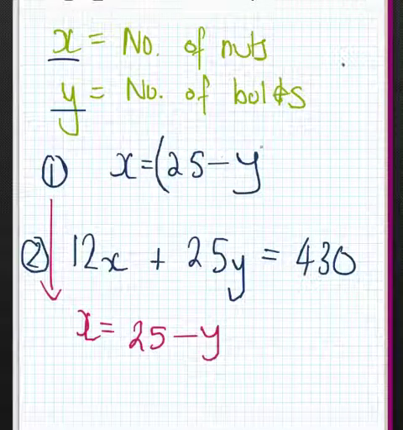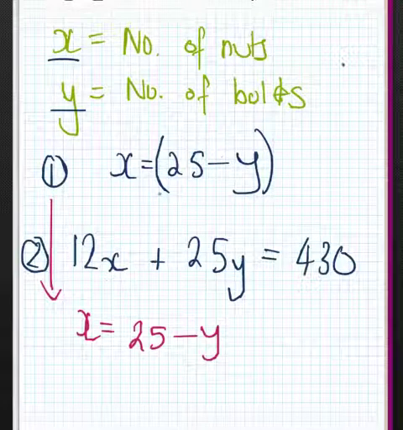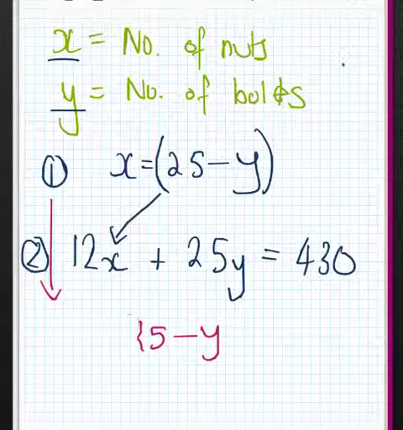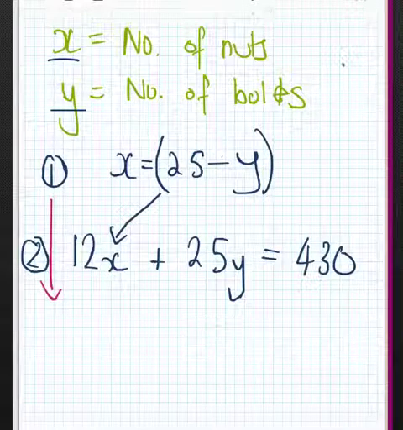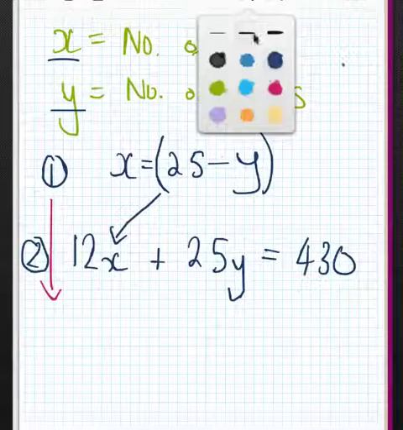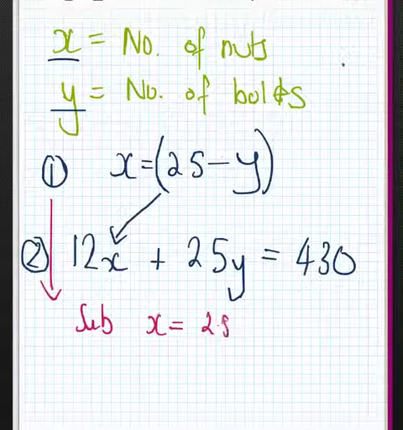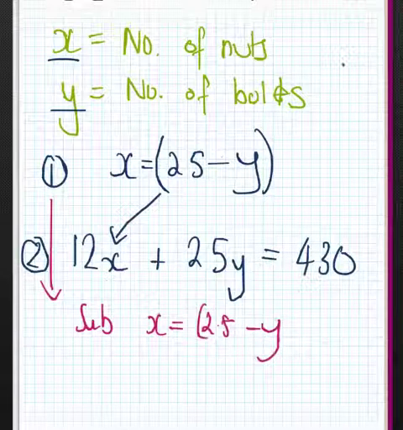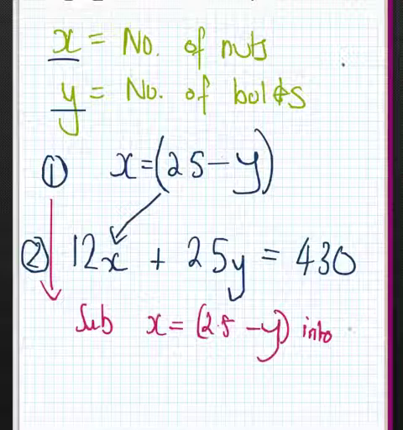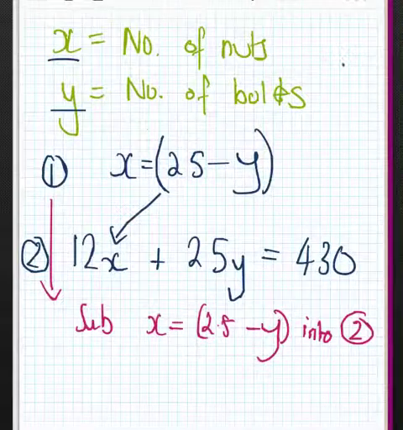And I'm going to substitute 25 minus y for x in my second equation. Remember, with your working out, you need to explain what you're doing with each step. So my next step is sub x equals 25 minus y, I'll put brackets around it to remind myself, into equation 2. And I'll start it on the next page.